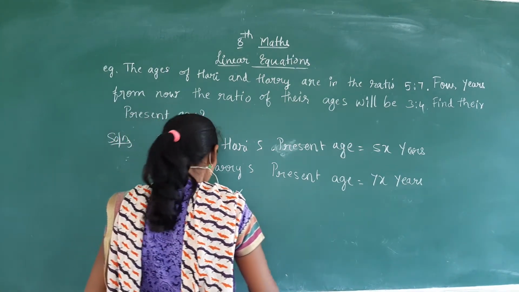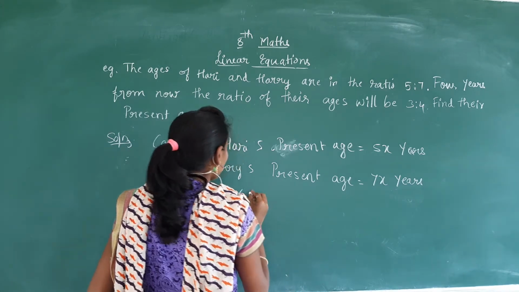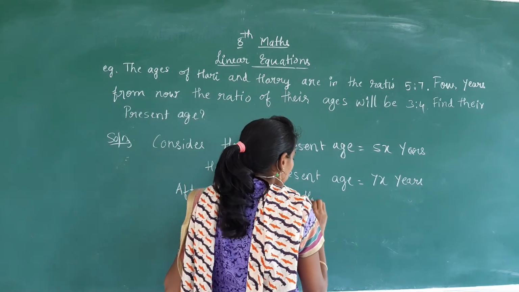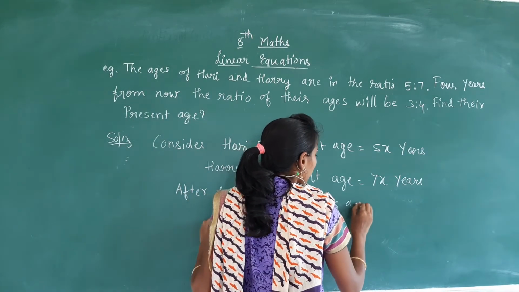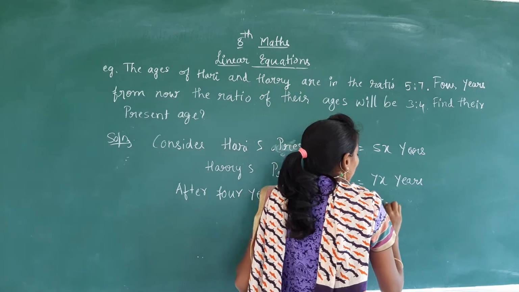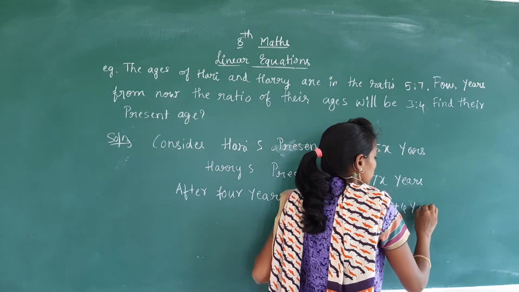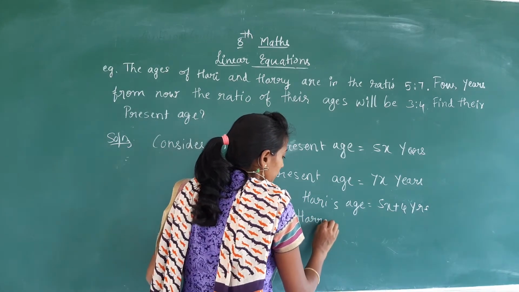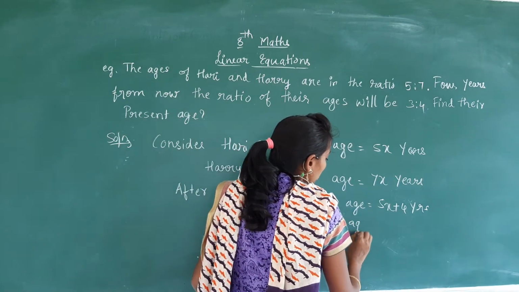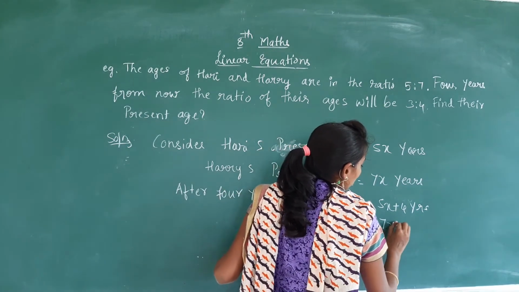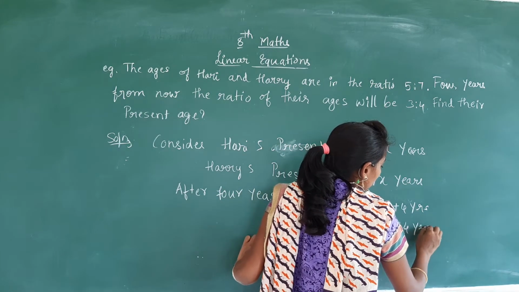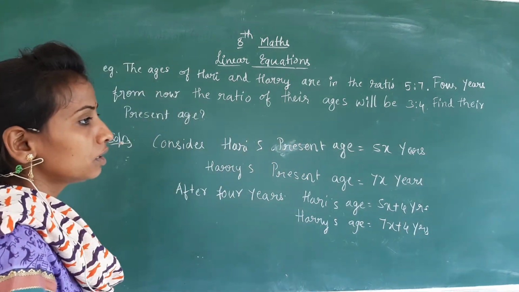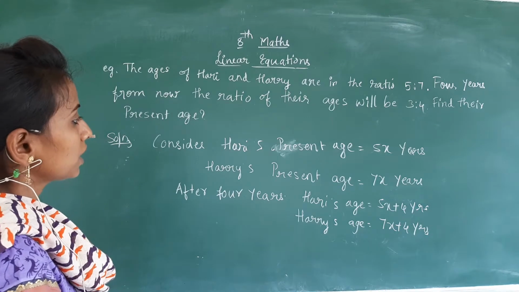After 4 years, their ages: Hari's age is 5x plus 4 years and Harry's age is 7x plus 4 years. After 4 years means we have to add the 4 years to their present age.